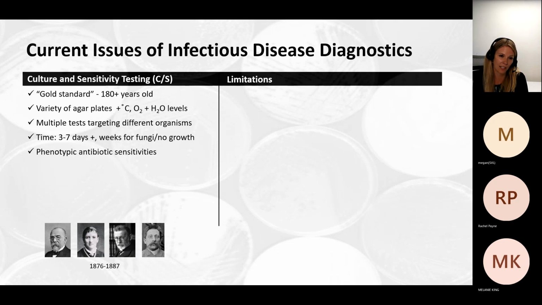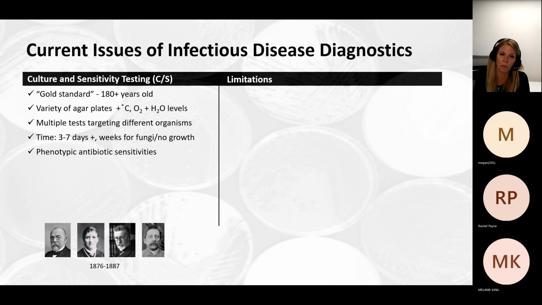You still need a variety of different agar plates in order to identify all the different types of organisms that might be causing the infection in your patient, including different temperatures, oxygen levels, water content, vitamins, carbohydrate sources, etc. So you often need multiple tests to target different types of organisms.